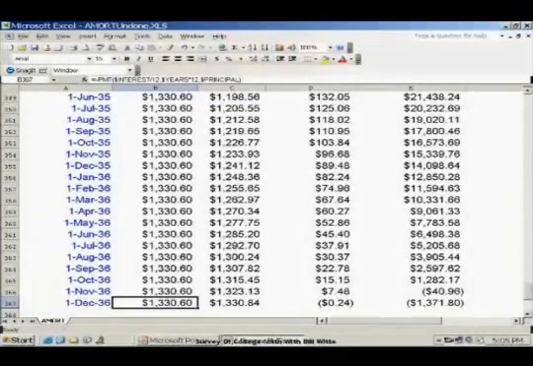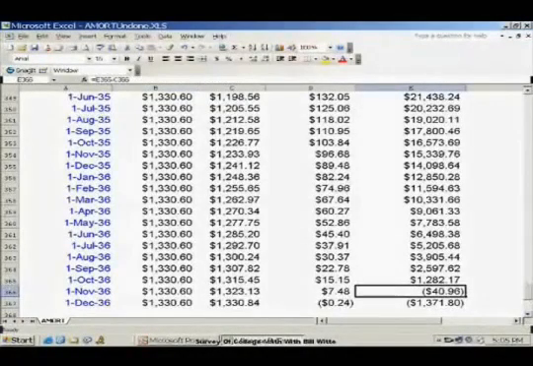I say that $170, 30 years from now, allowed you to not pay the last payment, because look, the balance is already negative as of the second to last payment. So that $170 saved you more than $1,330 by paying it early. Just $170. Well, basically, you made 7% on $170 over 30 years. And we know the power of compounding there.